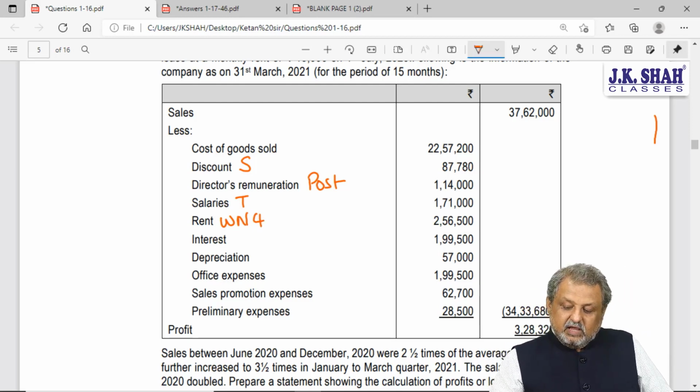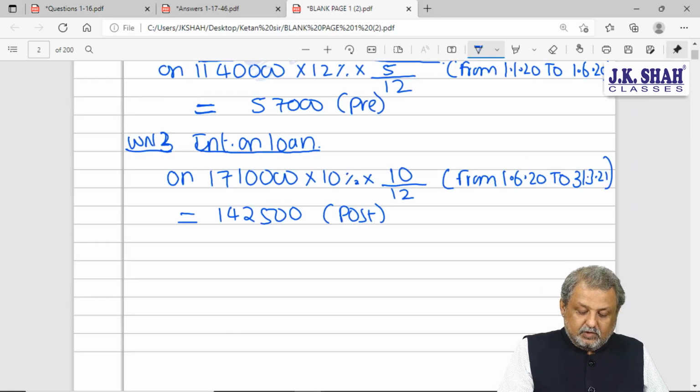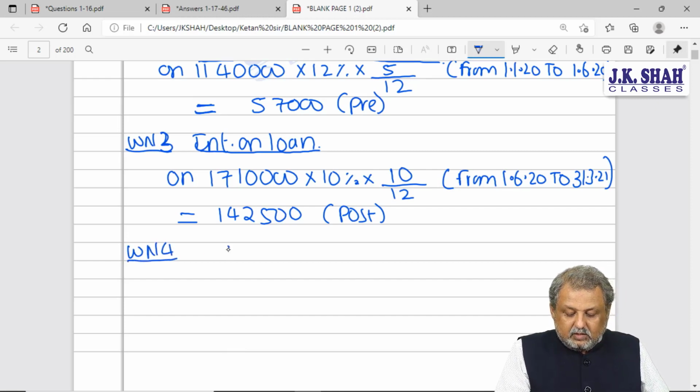You are already having rent. Rent for the office building is 19,000 from 1st July. So working note 4. Rent given.